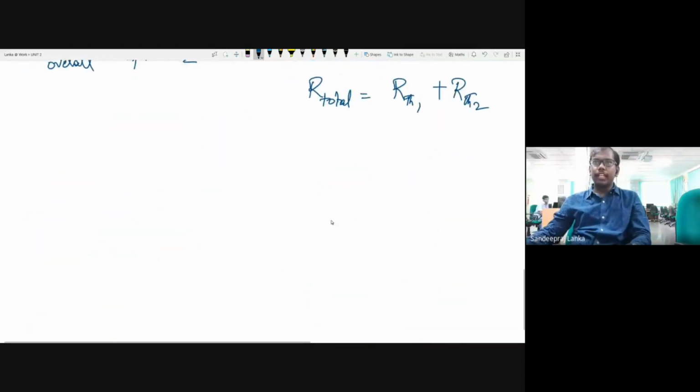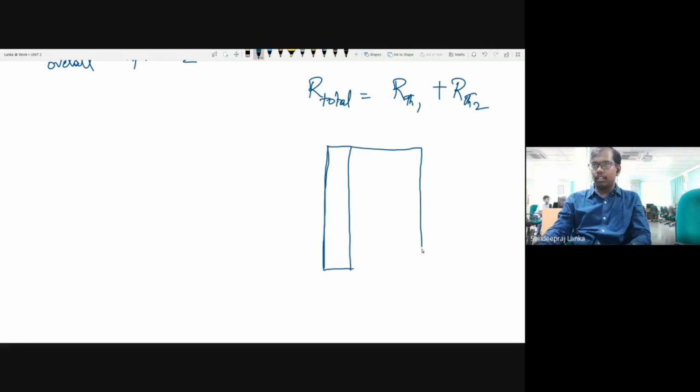Similarly, we can take one more case for the composite slab. If the given layers are in parallel, what should you do? Let me take it like this. This is a bit more complex case compared to your previous one.